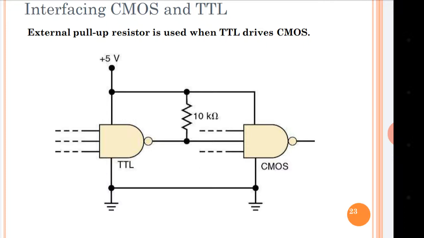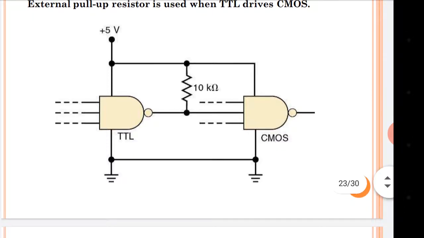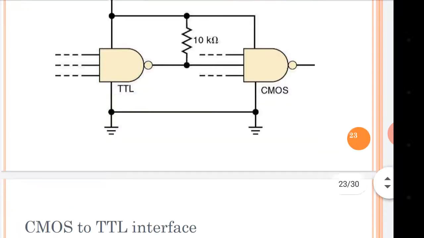So we will get almost 312 ohm, and the nearest value is 330 ohm. So this is how, when you want to interface the CMOS and the TTL, whenever TTL is driving the CMOS as shown in the diagram, we have to connect the pull-up resistor, and we have studied the reason.